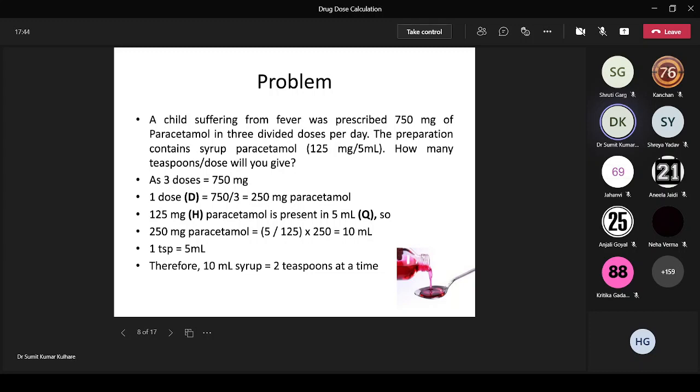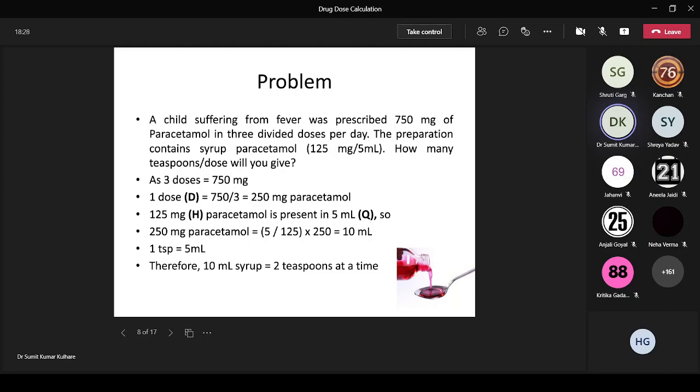But what quantity of paracetamol is available in the syrup, and how to achieve that, some of them don't know, and they are not very clear in this communication. That creates a lot of problems, and there could be overdosing or underdosing. With the help of this simple formula, you can easily determine how much ml or how many teaspoons are to be administered, since the quantity is written on the bottles.